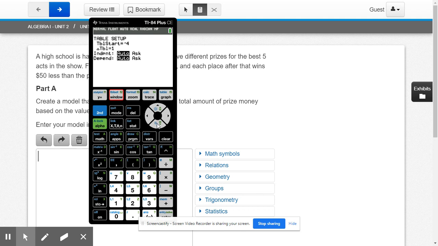And here, this delta TBL is my increment. So I'm going to change that from 1 to maybe 0.1 to make it more precise. And then I'm going to go back to my table. So it's going to allow me to zero in a little bit more.